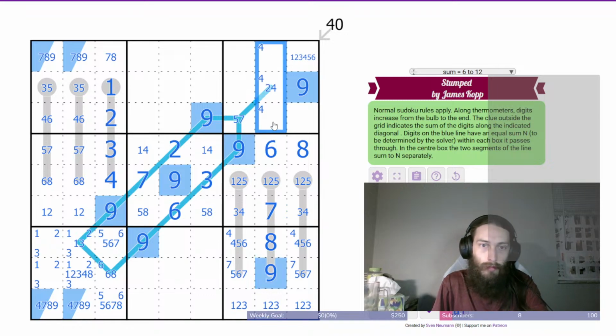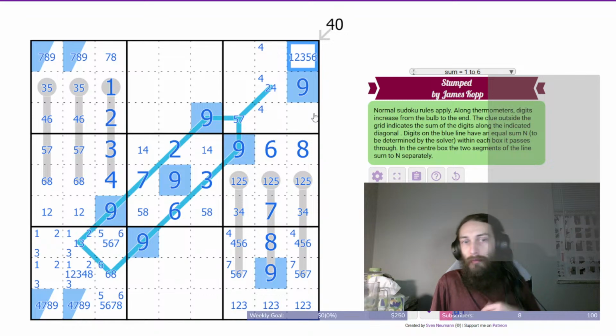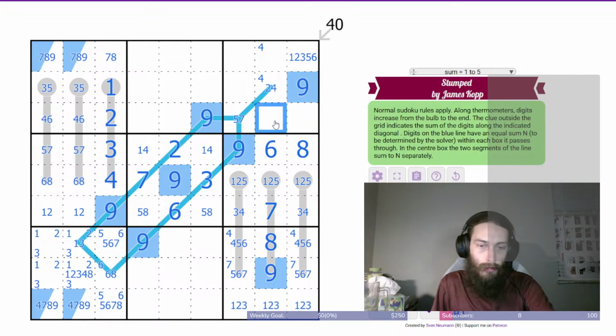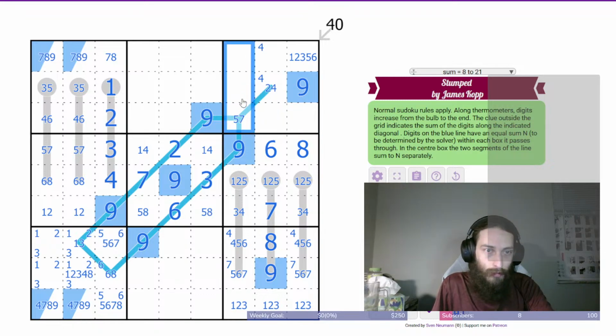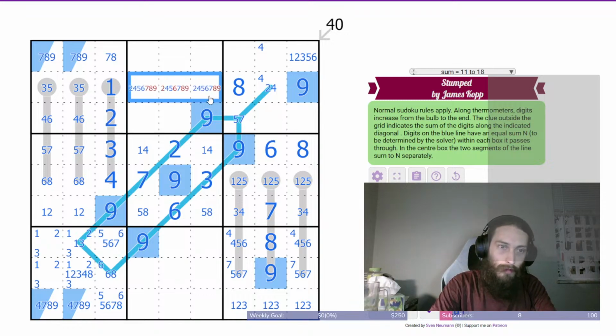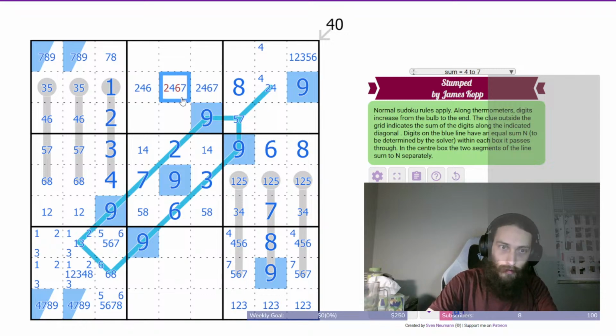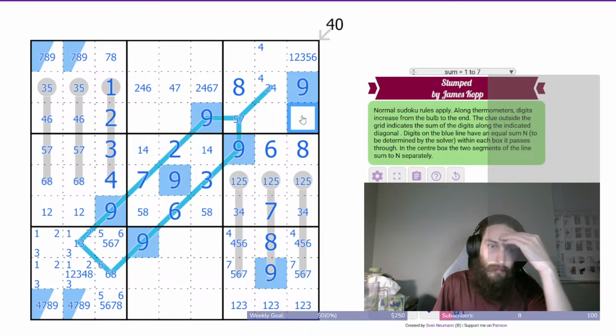Four is in this column, in box 3, not on the bottom row. Box 3 can place an 8 on this side and right here. 1, 3, 5, 8, 9. And this one's not a 7, this isn't 2 or 6.